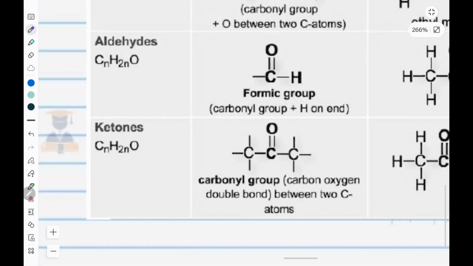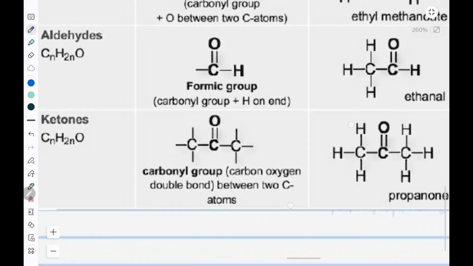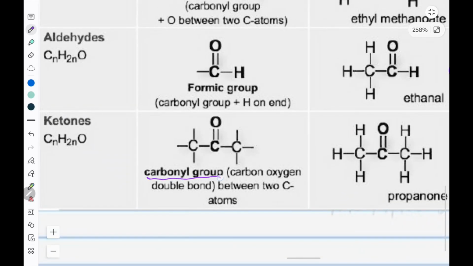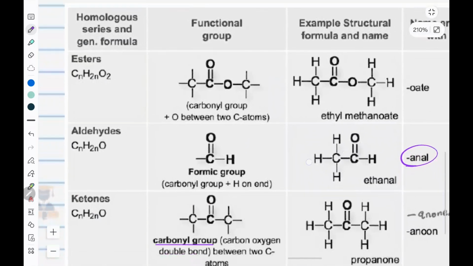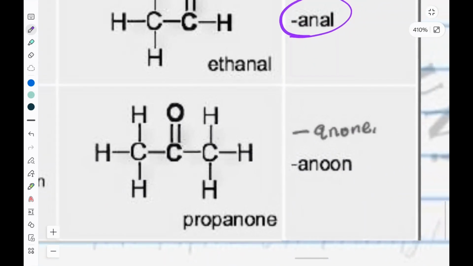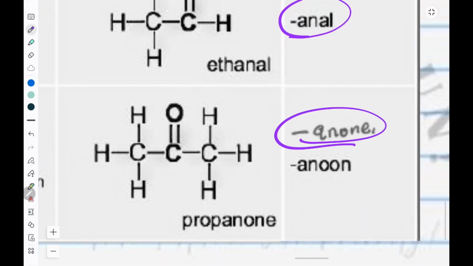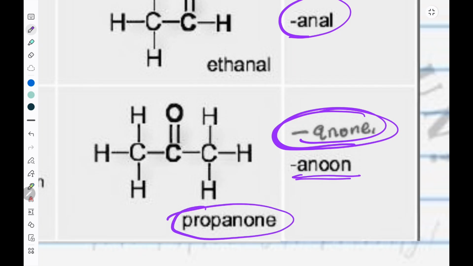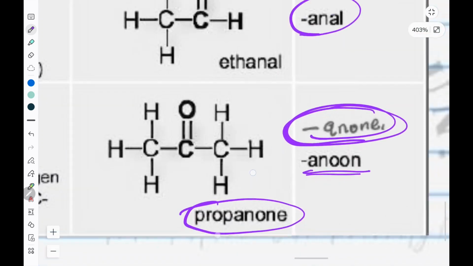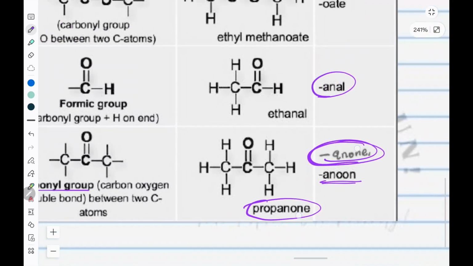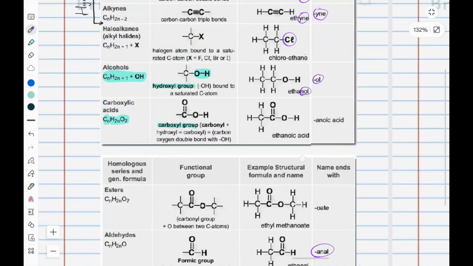Then we know that it is a ketone. So the homologous series here is ketone, this is their general formula, and the name of their functional group is the carbonyl group. And then here is their suffix, "anone". So if you check, it's propanone.